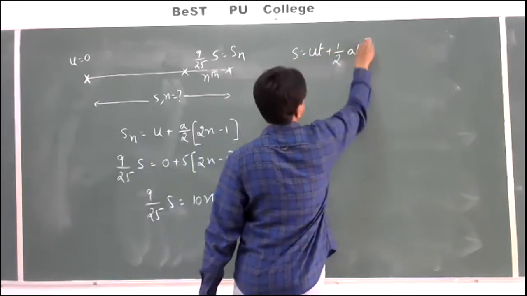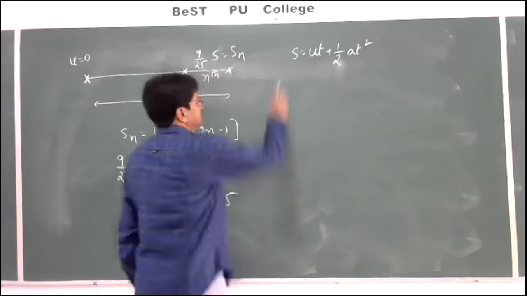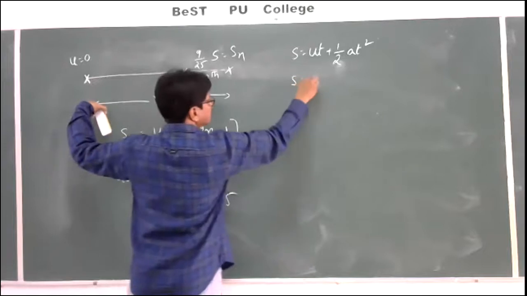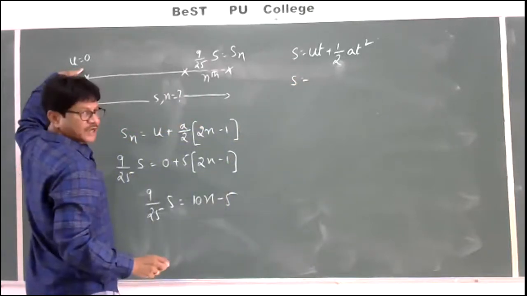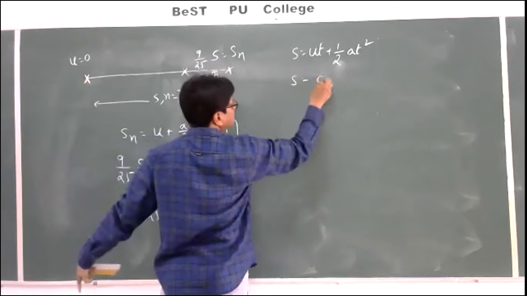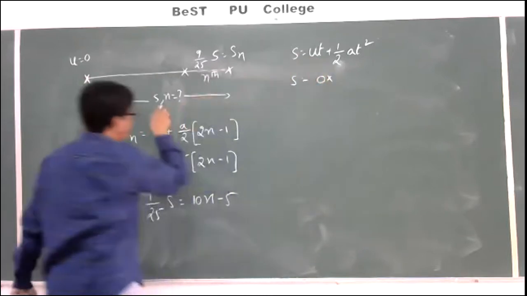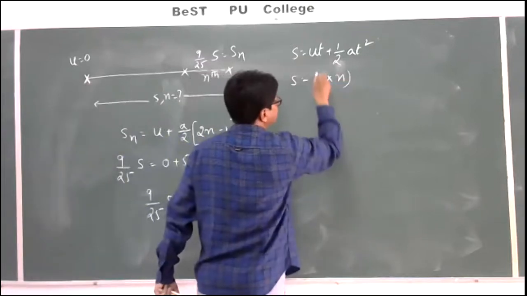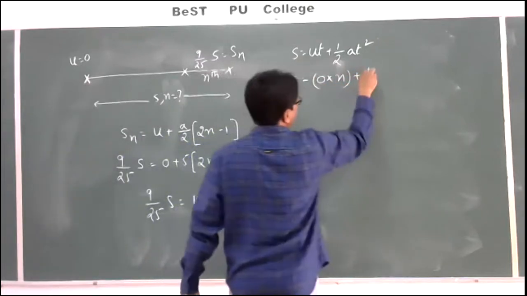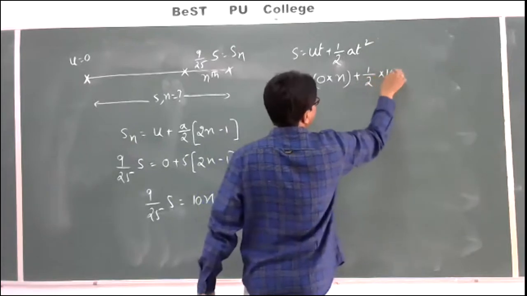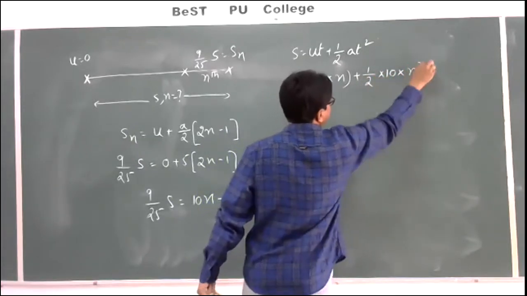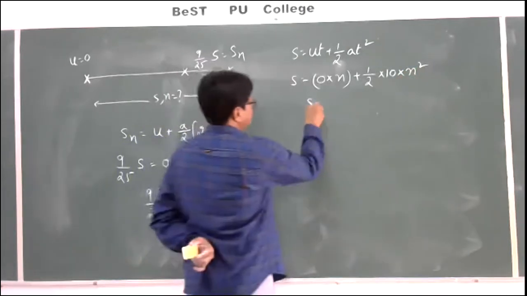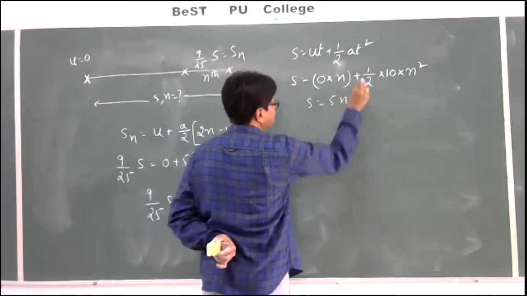Very good. A body starts from rest, so u is equal to 0. Time I am taking as n. 0 into n plus half, a is equal to 10, t is equal to n square. So S is equal to 5n square.